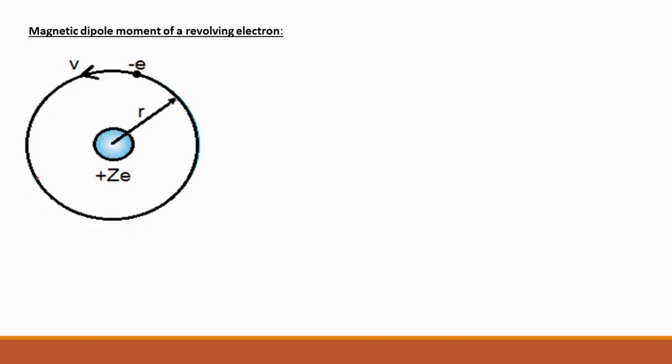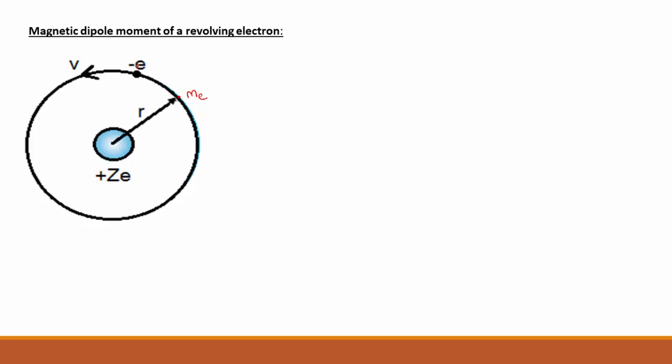Consider an atom in which an electron of mass me. Suppose m is the mass of the electron, and the charge of the electron is minus 1.6 into 10 to the power of minus 19 coulomb.